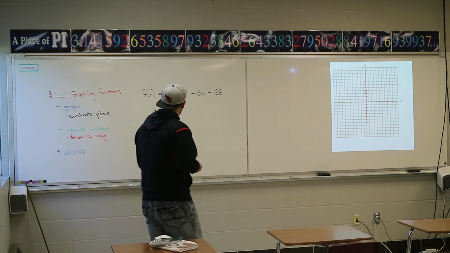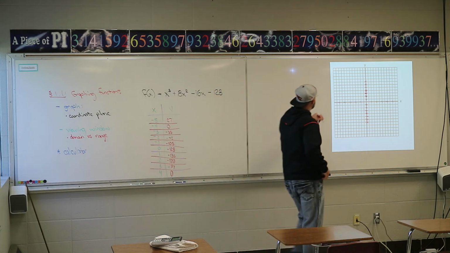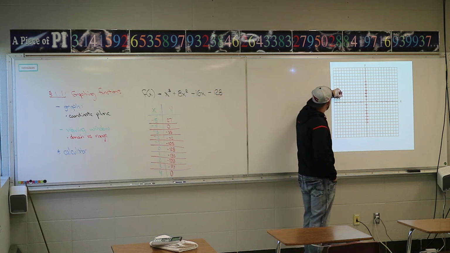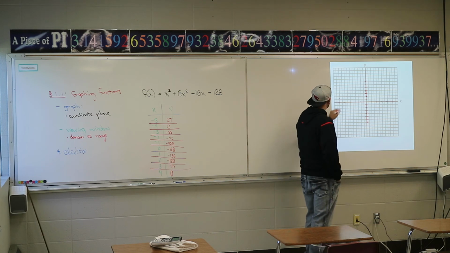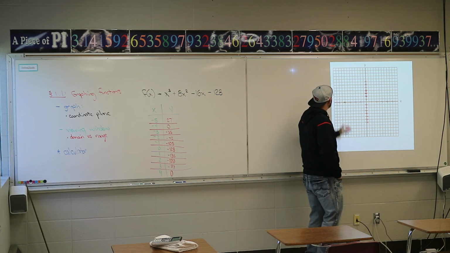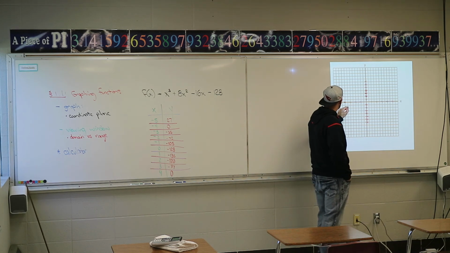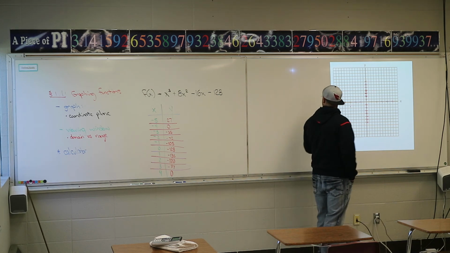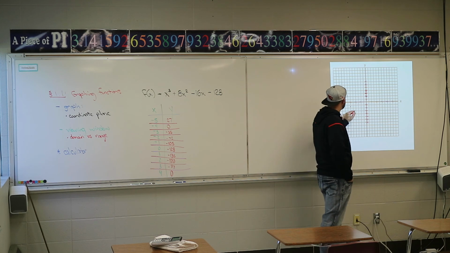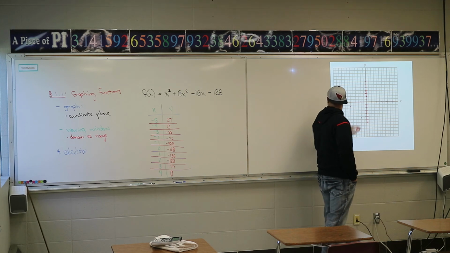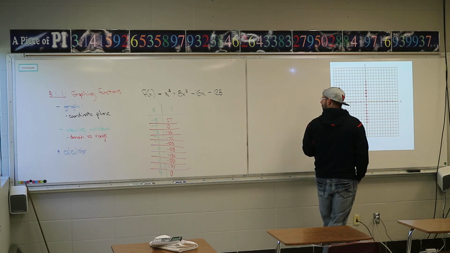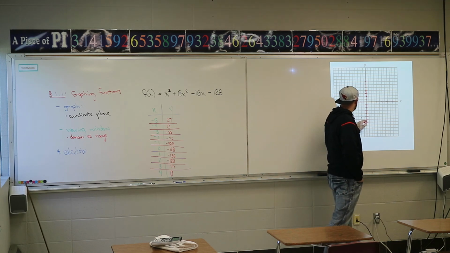So negative 5 is negative 27, it's about right here. Negative 4 is at 0. Negative 3 is at negative 35, so that's about right here. Negative 72. Negative 105. 0 is negative 128.